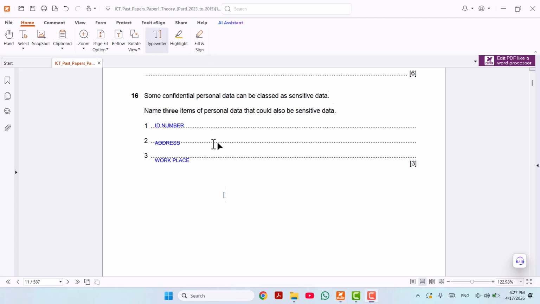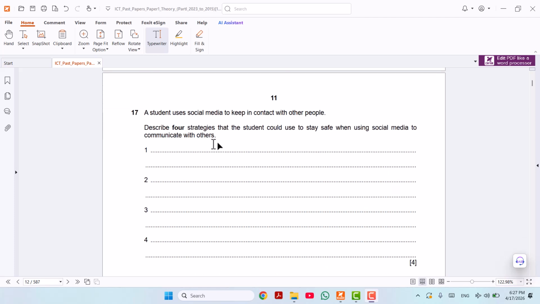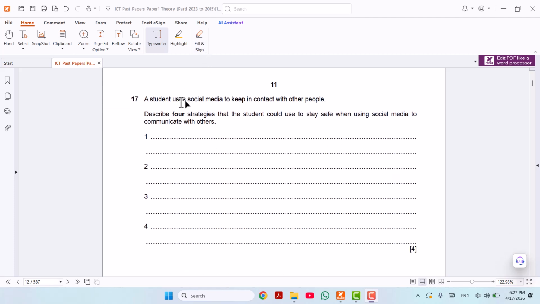Okay. We have also here question number 17. Students use social media to keep contact with other people. Describe procedures that students could use to stay safe using social media to connect with others. Number one, we can say don't share personal data.